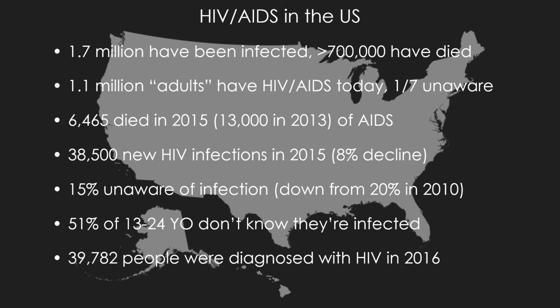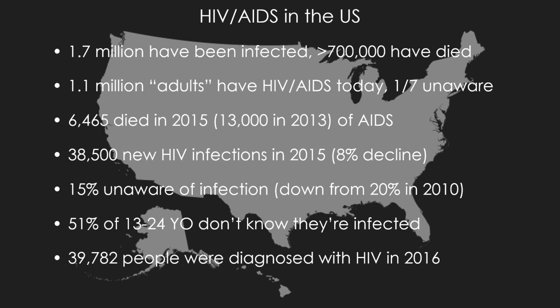But one really big at-risk group, especially in the United States, is what are considered, I don't know if you could say young adults, 13 to 24-year-olds, because 51% of them don't know they're infected. And by nature of their age, they tend to be more risk-taking in their behavior, so they're less likely to be safe, to use prophylactics. And if they don't know they're infected, they are not going to be getting treatment.